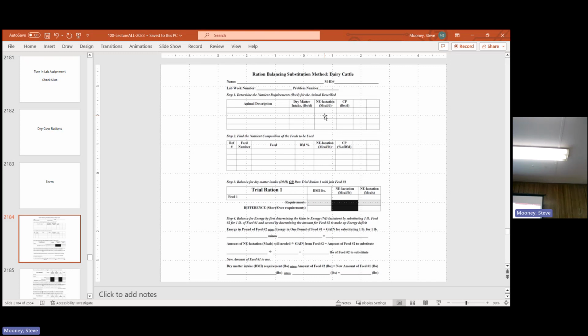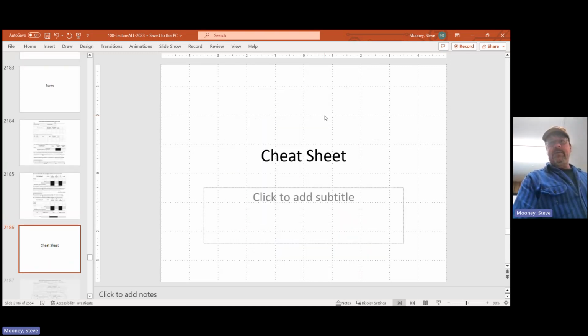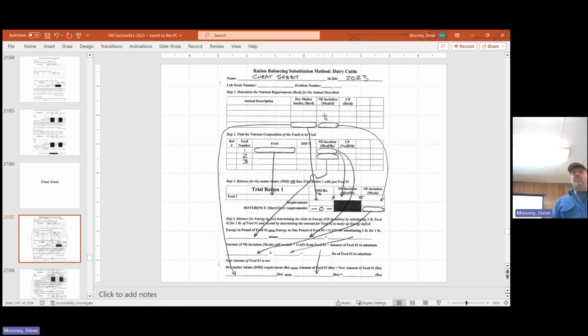So the cheat sheet associated with the NEL form. Both the plank form and the cheat sheet are up on Brightspace under week 10. So front, back. So cheat sheet. We don't have to divide by 100 anymore. We just move things down to our energy space and multiply across. We've got pounds and then megacalories per pound.